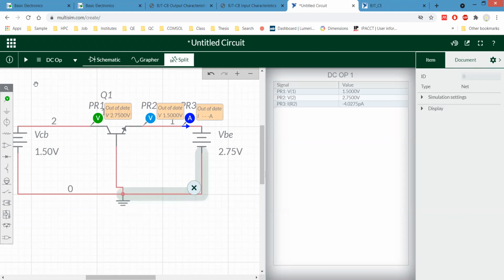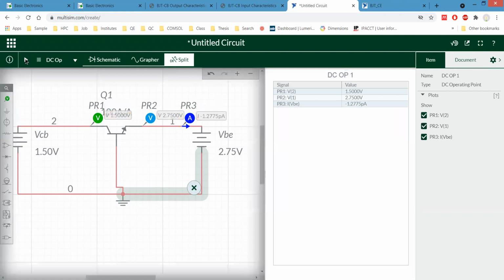Okay, now run it. Still the current is in picoampere. It should not be the case. Picoampere is very less.